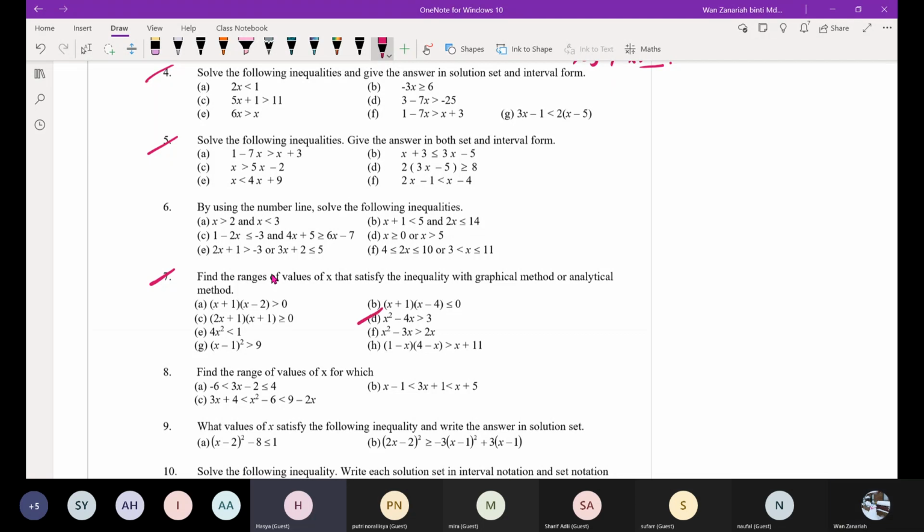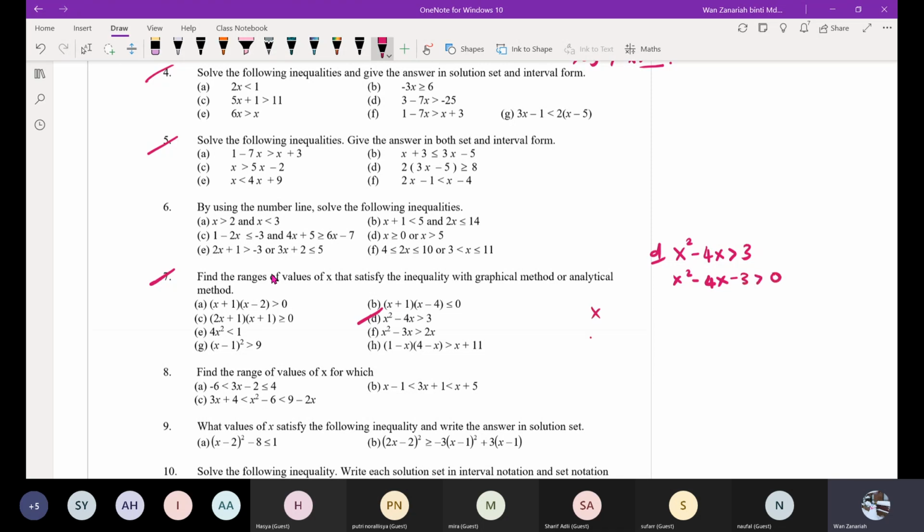7D. Okay, so x squared minus 4x greater than 3. So x squared minus 4x minus 3 greater than 0.